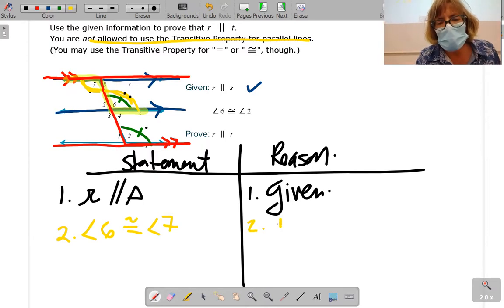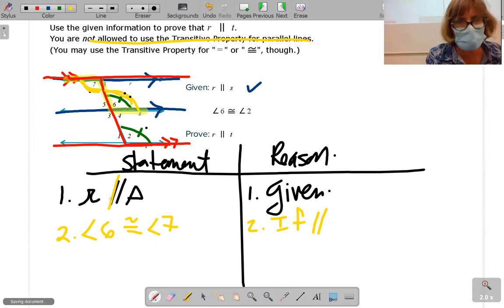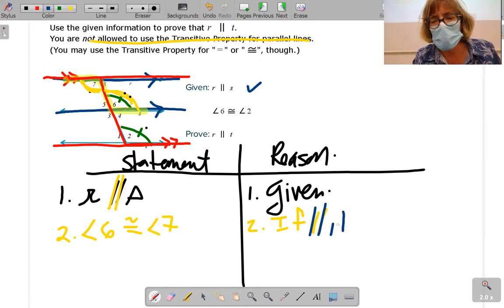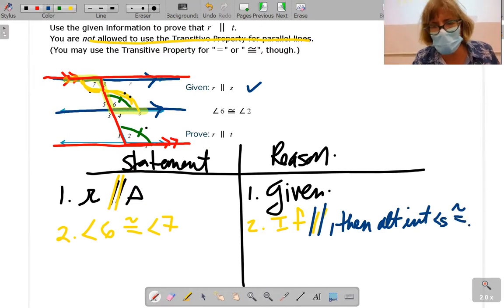Why? Because if I have parallel lines, which I do for the blue, let me color code it. If those blue lines are parallel, then alternate interior angles are congruent. Look at the order. We're given parallel lines, so parallel lines go first.